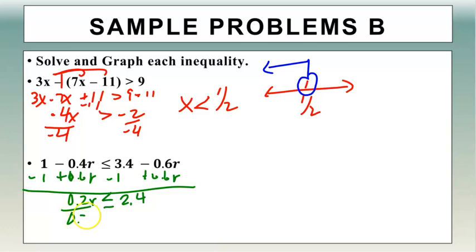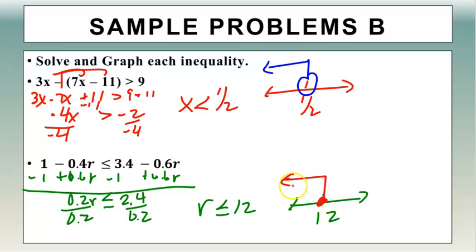Divide everything by 0.2 on both sides, which is really 24 divided by 2. And 24 divided by 2 is going to give us 12. So on a number line, I got 12 here. It can equal it, so it's a filled in circle. Less than means it goes to the left.